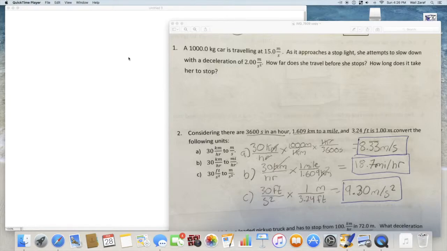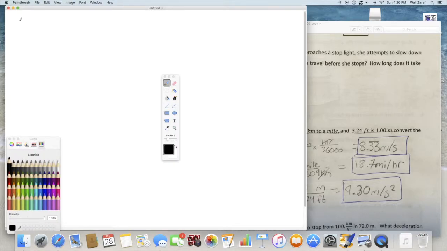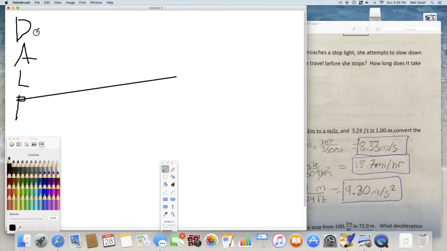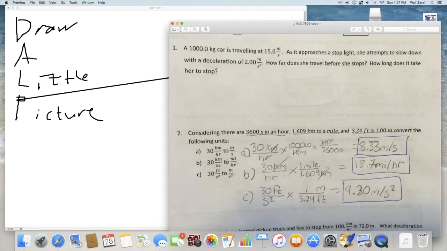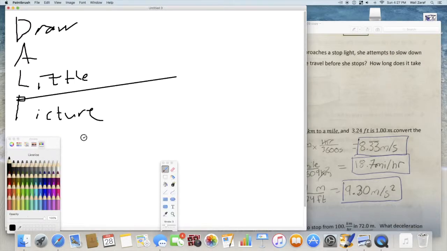Whenever I'm presented with a question like this, I usually do a trick, and I call this DALP. D-A-L-P. Draw a little, I should really get that fixed, picture. According to our thing, we have a car, draw a little car, going this way.